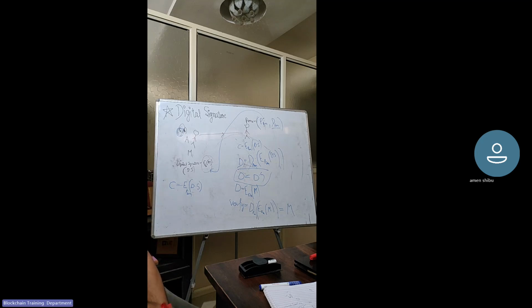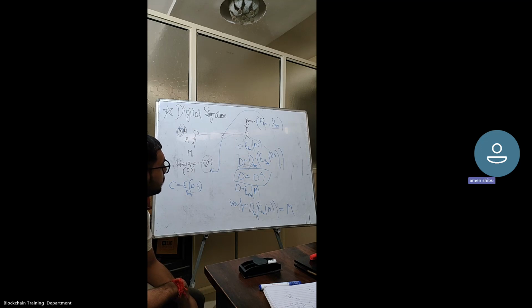Now Amin can verify the digital signature using A's public key PA. This is how authenticity is maintained. Capital PA.